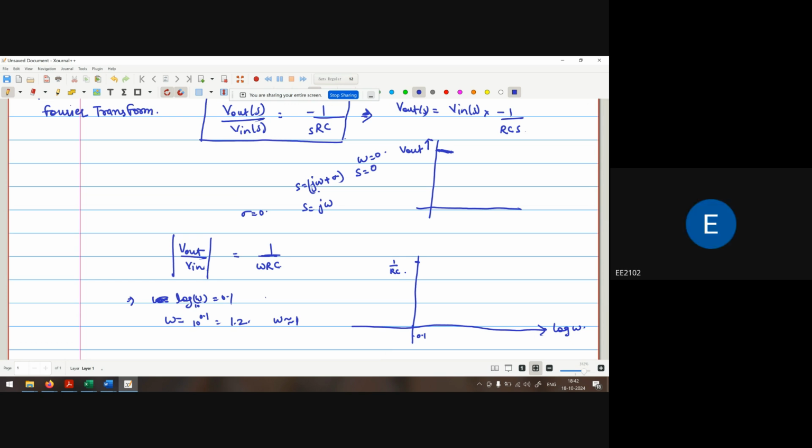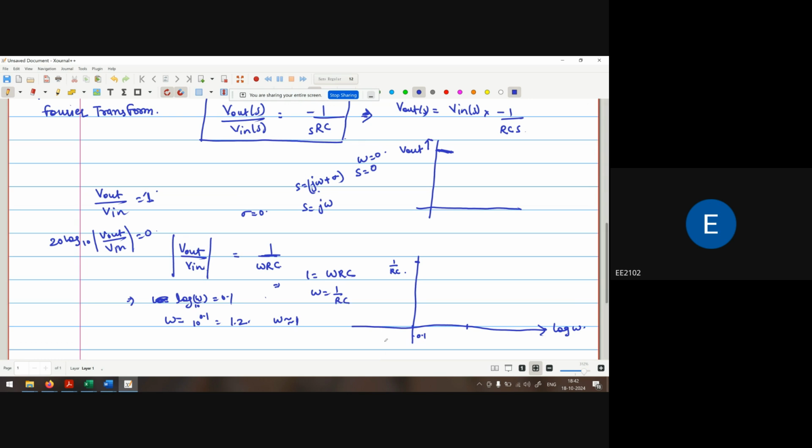Now, at what particular value will it be cut? That means this particular magnitude, V out upon V in, should become equal to 1. That's why 20 log of V out upon V in becomes 0. And if V out upon V in is equal to 1, that means 1 is equal to omega RC, and omega is equal to 1 upon RC.